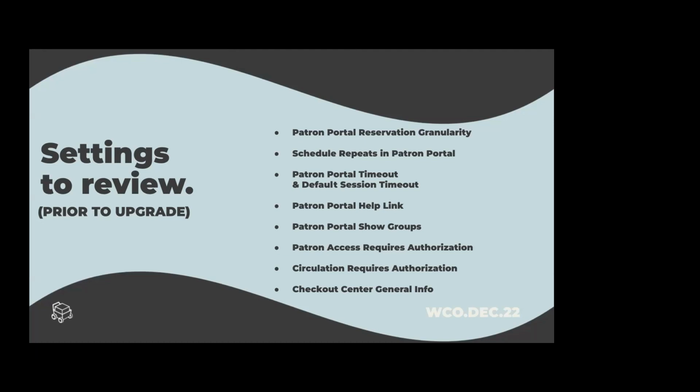So these settings include Patron Portal reservation granularity, scheduling repeats in Patron Portal, session timeout, as well as the global default session timeout, Patron Portal help link, show groups, patron access requires authorization, circulation requires authorization, and the checkout center general info. Let's take a look at where you can find these settings now.